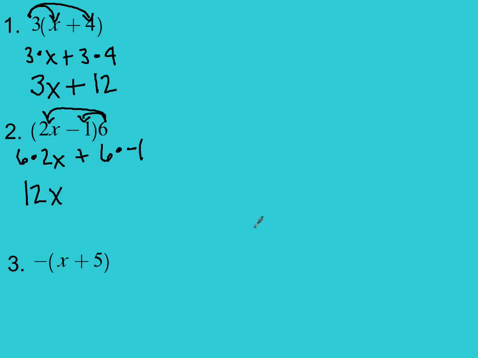So 12x. And then I've got 6 times negative 1. So that would be plus 6 times negative 1, that would be a positive times a negative, that would be a negative, and 6 times 1 would be 6. Now if I wanted to write this to look a little nicer, I would do 12x minus 6.